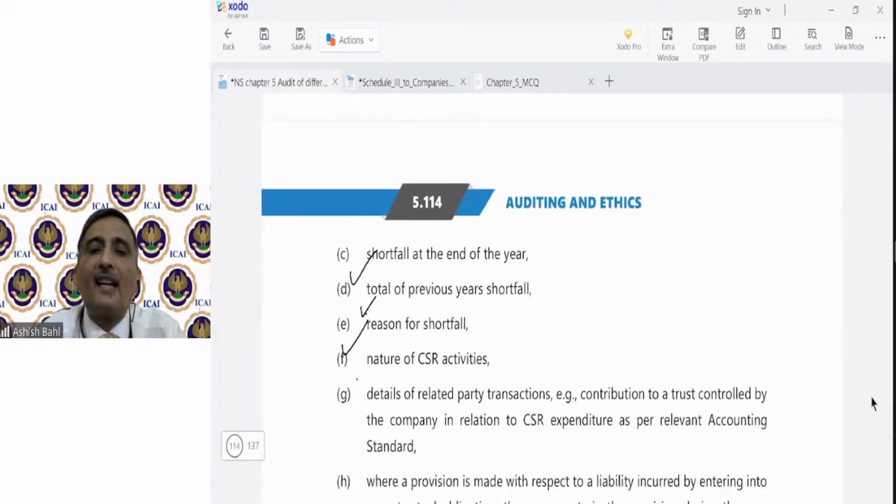Nature of CSR activities have to be disclosed, that is, what kind of activities the company undertook under CSR, whether it has spent money on disaster relief, on say education to the poor, on environment protection, and whether it has spent money directly or through some agencies. So all these things you would be reading in your company law classes.